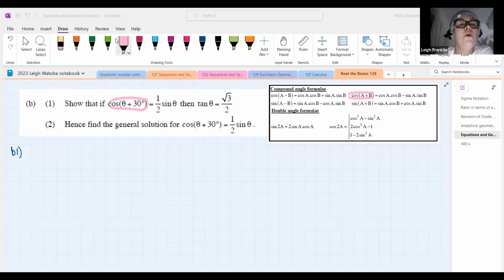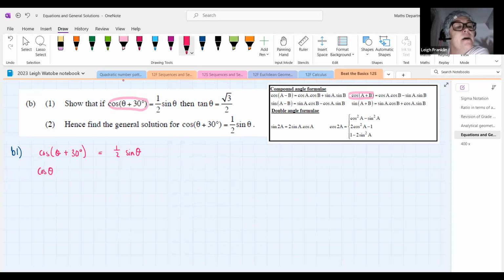Absolutely. So what we are going to do is expand cos(theta + 30) is equal to 1/2 sine theta. So on the left-hand side, we are going to do the expansion. So we are going to write cos theta cos 30 minus sine theta sine 30, and that would be equal to 1/2 sine theta.